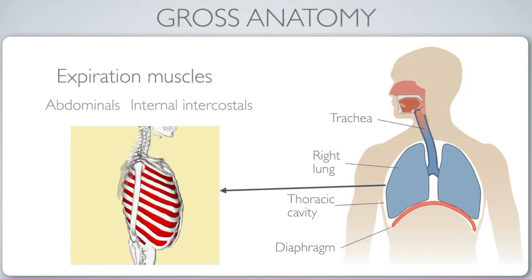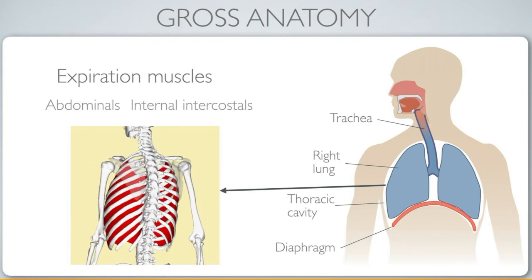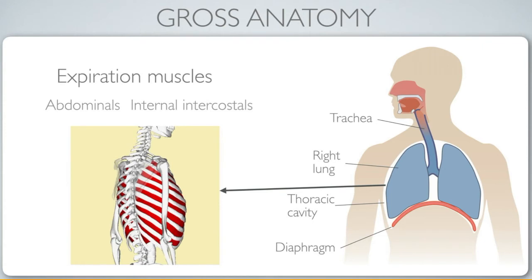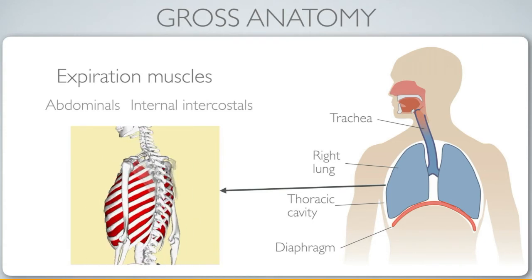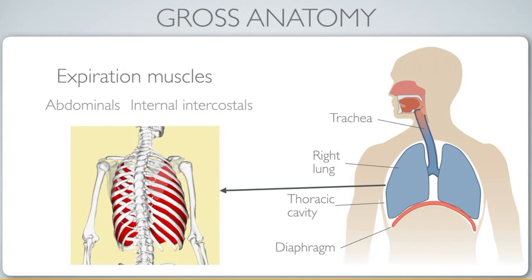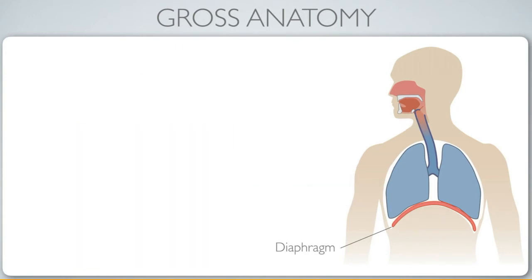So again, we can see that they are all over the rib cage, and when they contract, they reduce the volume inside the thoracic cavity. All right, so let's look a little more carefully at what the diaphragm muscle does. The diaphragm muscle has a concave shape at rest. This is the resting form of the diaphragm muscle.